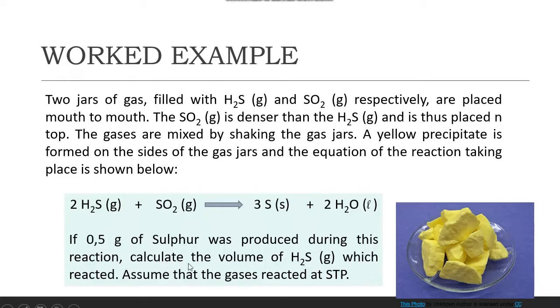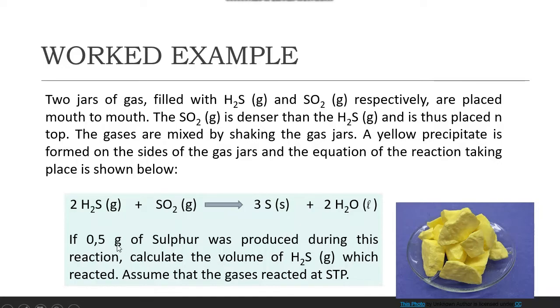And then you're asked to calculate the volume of the hydrogen sulfide gas, a reactant, and it says, assuming that the gases react at standard temperature and pressure. As soon as you see standard temperature and pressure, you know that you can use the molar volume of gases in this equation on this side. But what's the first step?